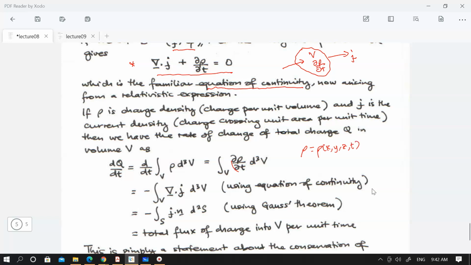So I get the integral of partial rho partial t d3v, and according to this equation of continuity, I can now replace partial rho partial t by minus the divergence of j. And so I have this integral with respect to this volume of the divergence.